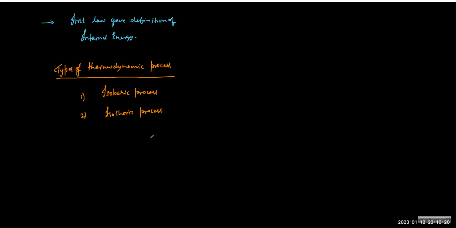So isobaric means same pressure, constant pressure. Isochoric is constant volume, right? The third is what? Isothermal. Very good. So what is the isothermal process?